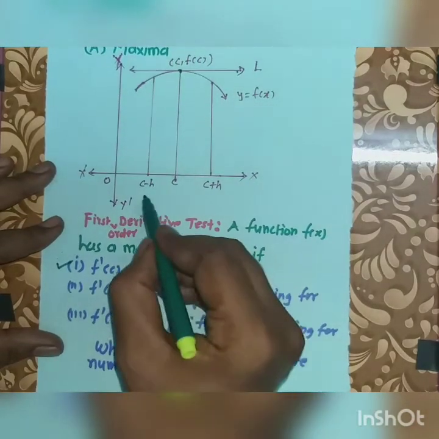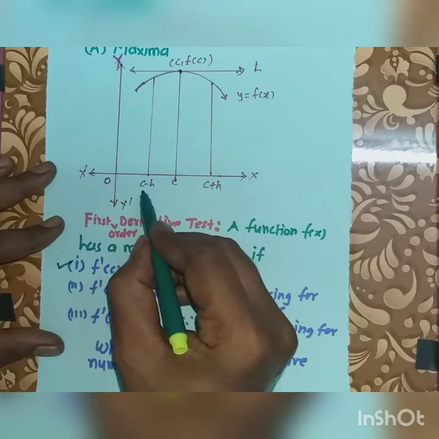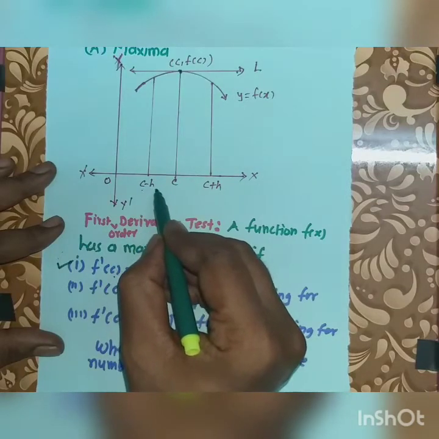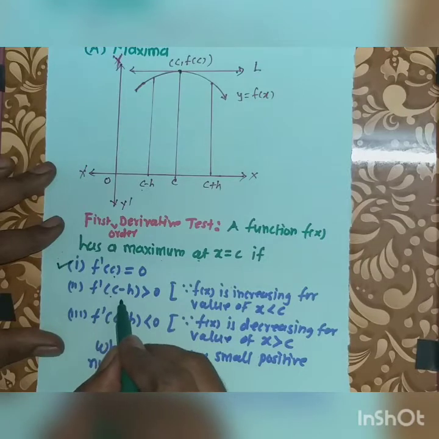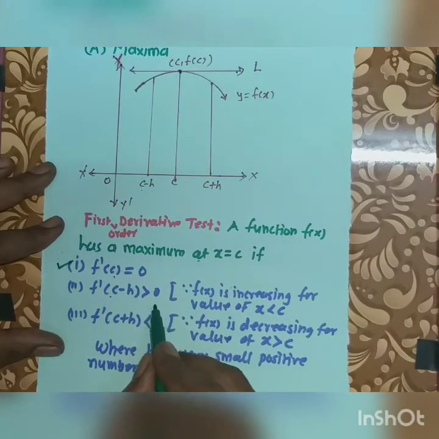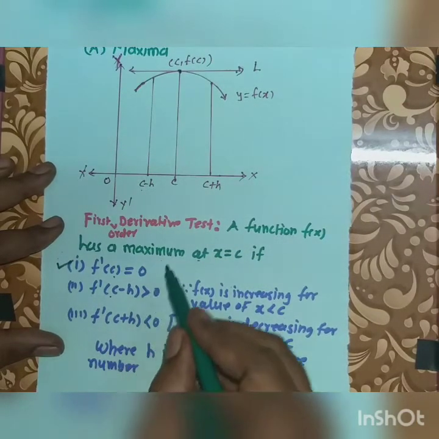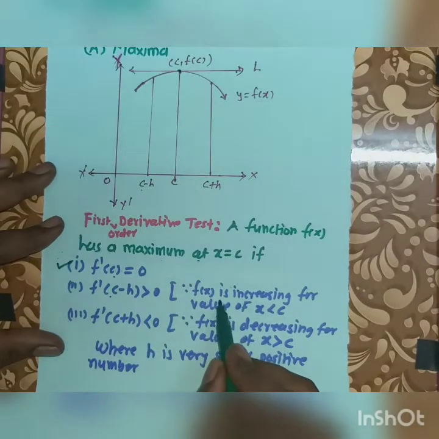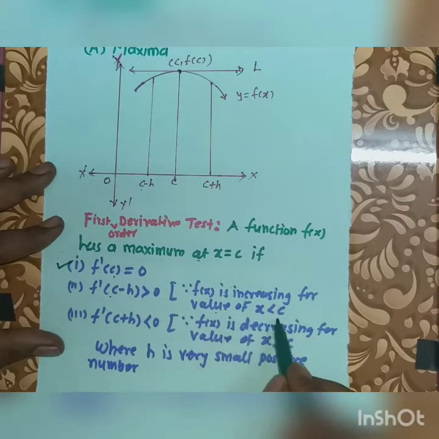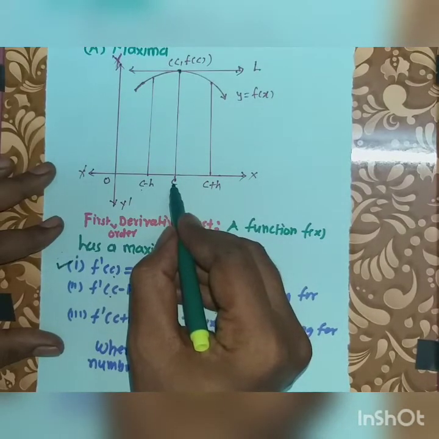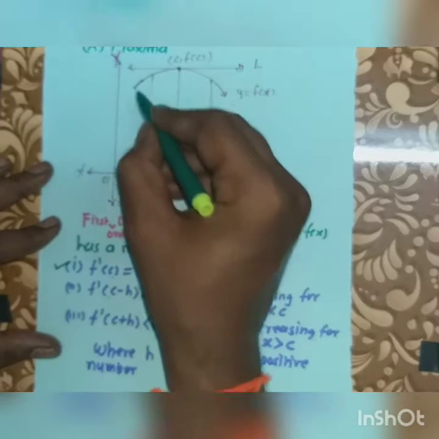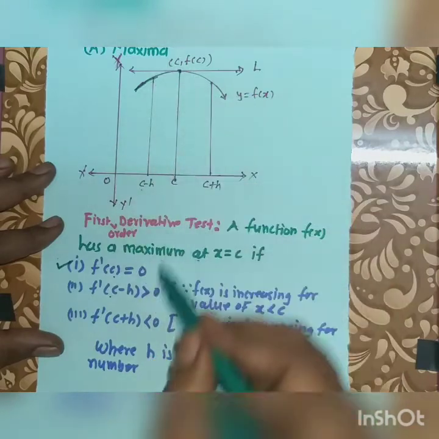Second, now find the first order derivative at point c minus h, the left hand side of c. If this left hand side derivative is positive, then f of x is increasing for values of x less than c. That means if we take values of x less than c, the graph of the function is increasing.